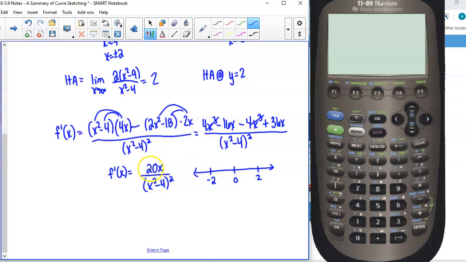So our derivative would be negative for anything below 0, and it's going to be positive for anything above 0. Okay, so that tells us that up to 0, f of x is decreasing, and then after that it would be increasing.